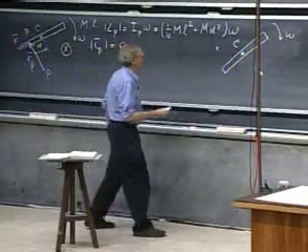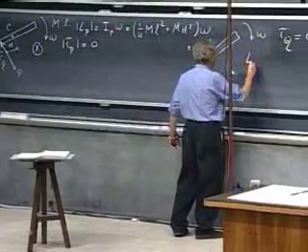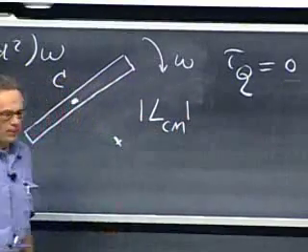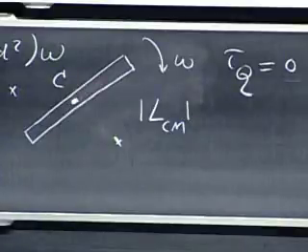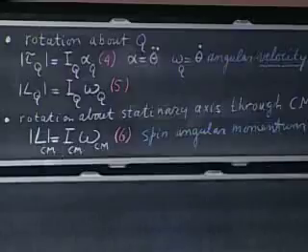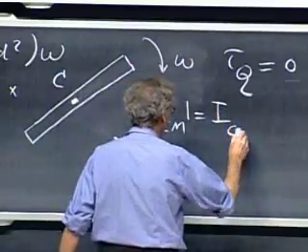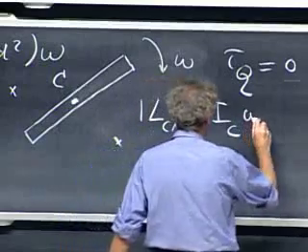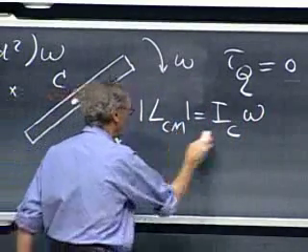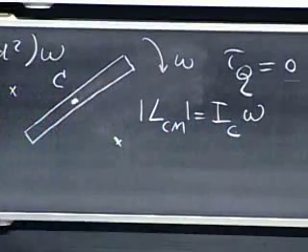And if you want to know how large it is, the magnitude of the angular momentum I calculated about C, which is the center of mass, is simply equation number 6, the moment of inertia about that point C, the center of mass, times omega about the center of mass.